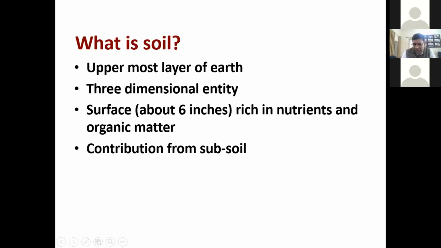In agriculture, without depth we can't do any agriculture, because any plant or any crop has its root system. For their habitat and survival, some depth of soil is needed. That's why it is a three-dimensional entity, and the third dimension is very important.